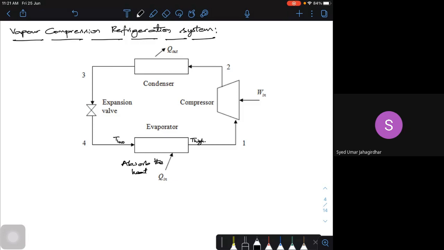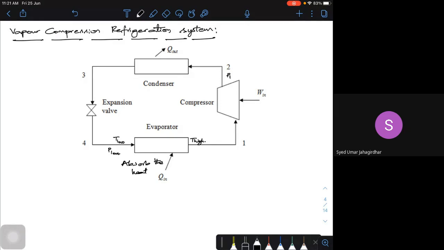Now, what is that particular temperature and pressure? The pressure is low here. I am going to absorb the heat at low pressure, but I can't reject the heat at low pressure and high temperature. To do that, we compress the refrigerant to a higher pressure.